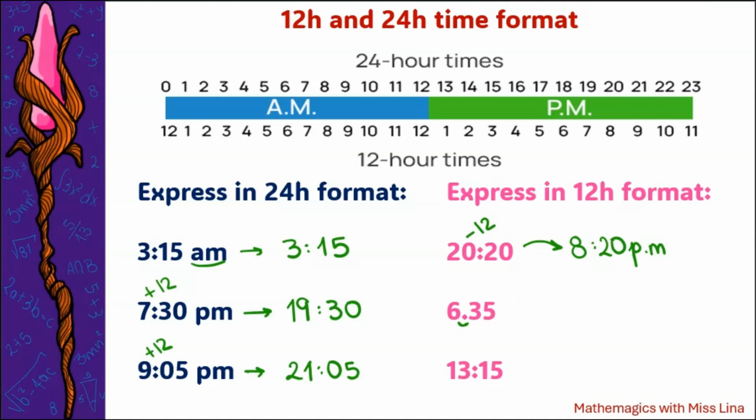It's the same thing. So this is smaller than 12, so it's in the morning. We just write the same, writing AM. And finally 13:15. Again, this is bigger than 12, so we subtract it and write PM. 13 minus 12 is 1, so it's 1:15 p.m.